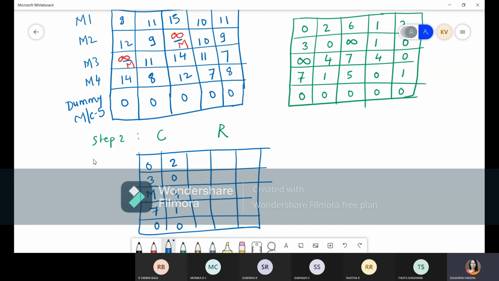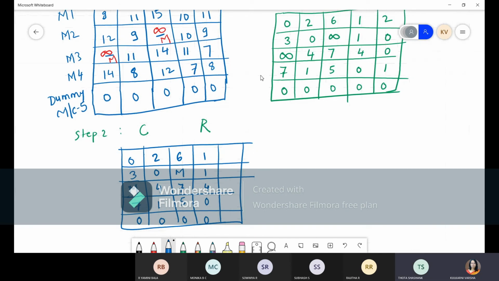In the third column also, because all the columns have a 0, there won't be any change column-wise. So you write it as it is: 7, 5, 0, 1, 1, 4, 0, 0, and the last one 2, 0, 0, 1, 0. So this is done.